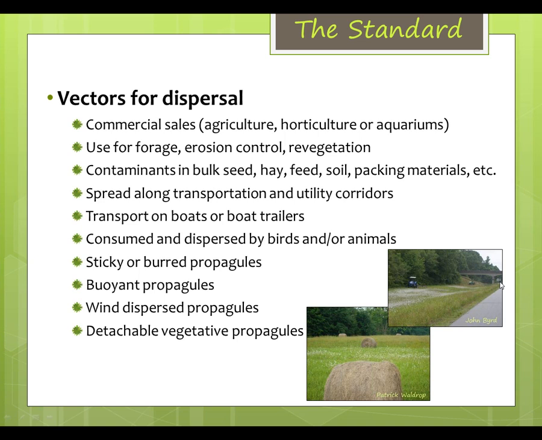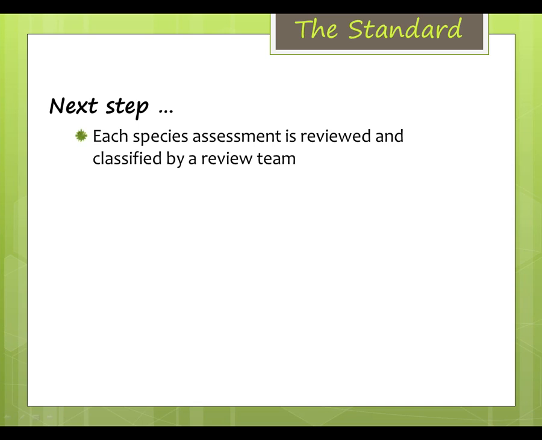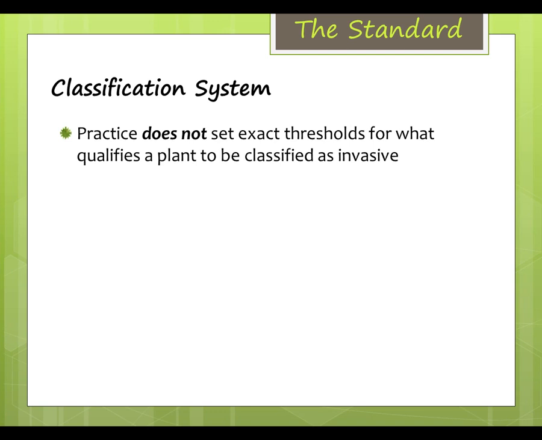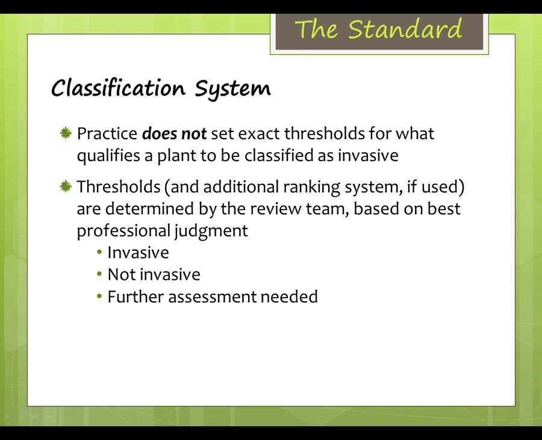It's a common contaminant in seed or hay and the like, whether it's commonly spread along transportation and utility corridors, transported on boats or trailers, consumed and dispersed by birds and other animals, whether it has sticky or bird propagules that makes it particularly easy to be spread by pets and people, whether it has buoyant propagules, making it easy to be spread by water, wind-dispersed propagules, and detachable vegetative propagules. So that sums up what is in the assessment.